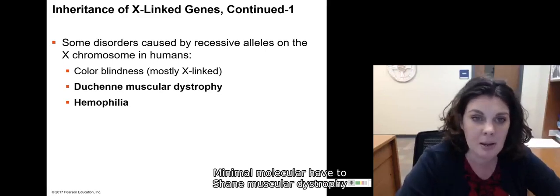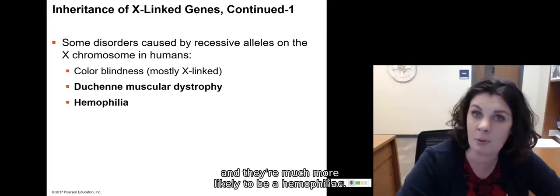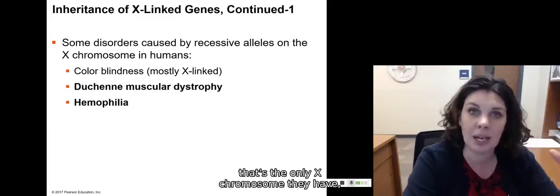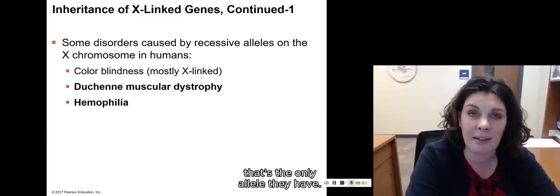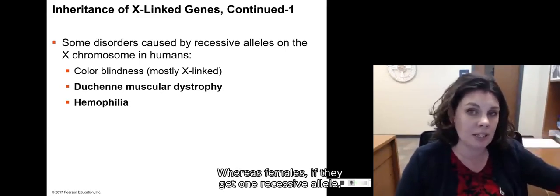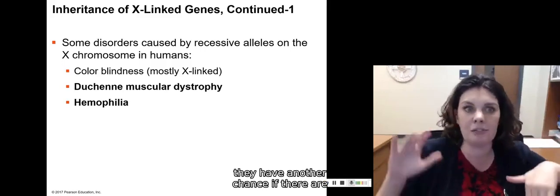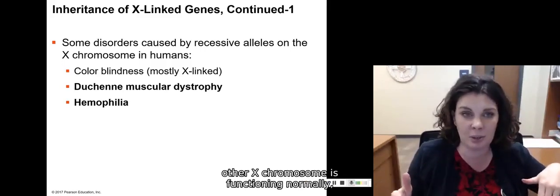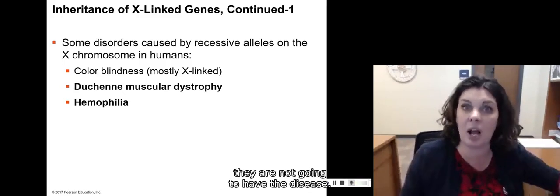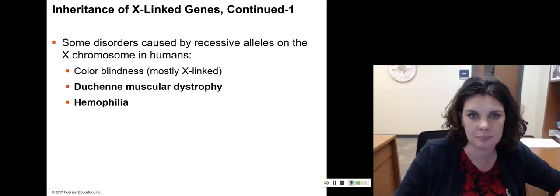Men are much more likely to be colorblind, men are much more likely to have Duchenne muscular dystrophy, and they're much more likely to be a hemophiliac, because if they have that one recessive allele, that's the only X chromosome they have, that's the only allele they have, they're going to have the disease. Whereas females, if they get one recessive allele, they have another chance. If their other X chromosome is functioning normally, has the normal healthy allele, then they are not going to have the disease.